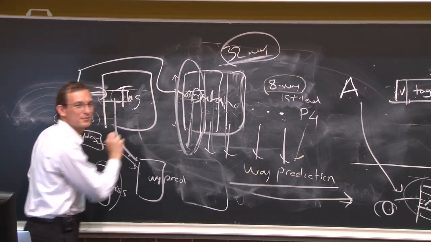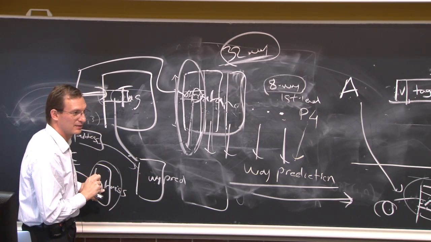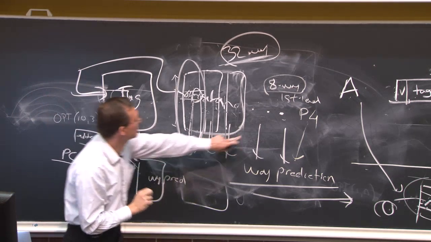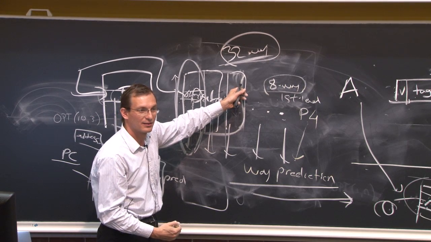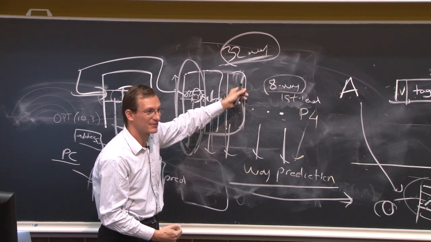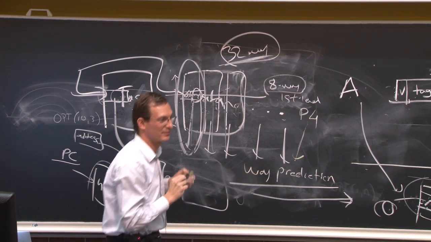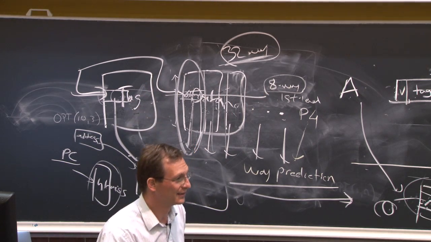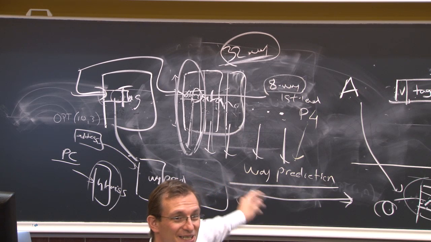So power up only this way. These two predictors together can be much more power efficient than bringing down all the data from 8 ways, and also powering up the word lines in the 8 ways, right? So that's the idea. A lot of the caches that you see today in processors are very, very optimized.